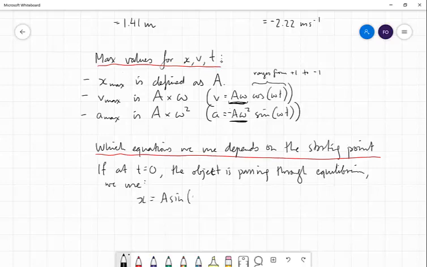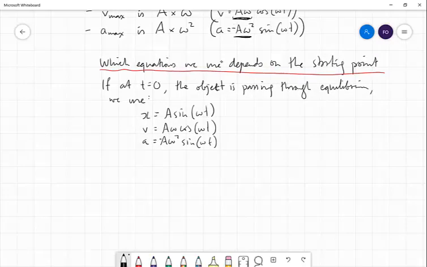These are the equations that we have above. V equals a omega cosine of omega t, and a equals negative a omega squared sine omega t. Okay, so those are our equations if we're passing through 0 at time equals 0.